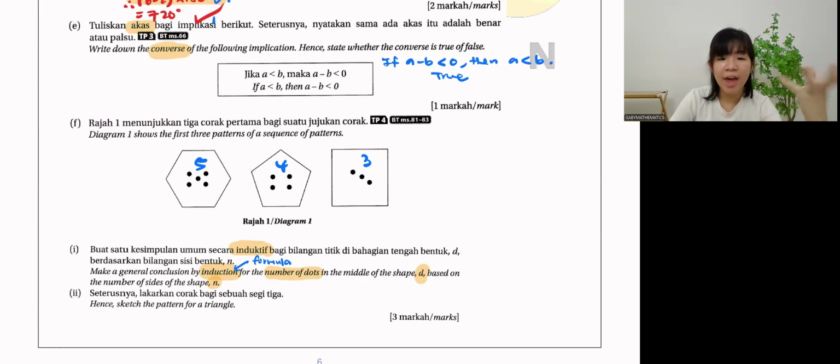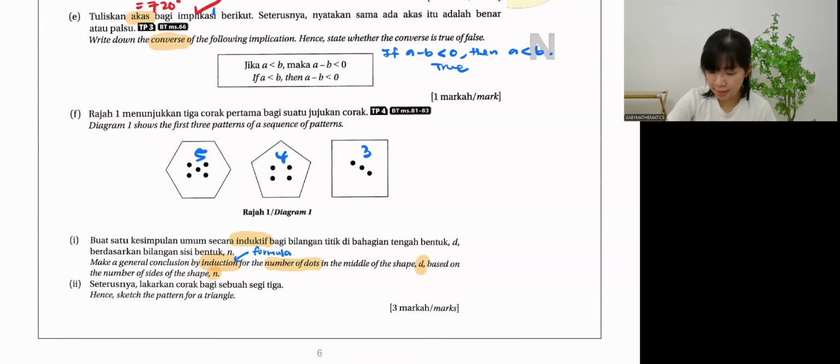The formula must have n. The answer will be: D is the number of dots, so 5, 4, 3, and so on.